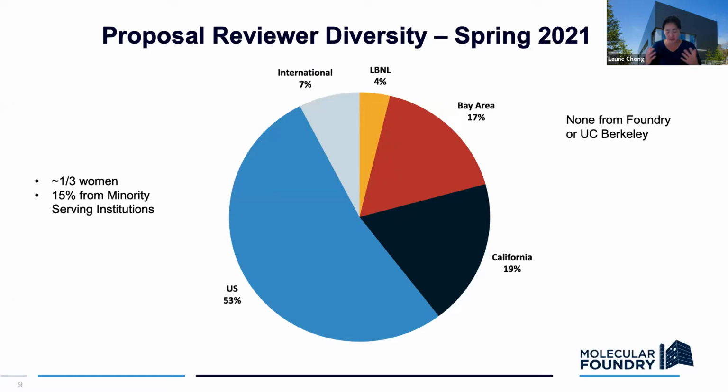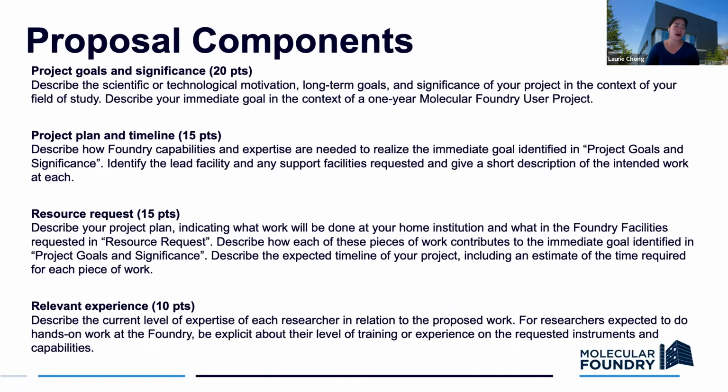All right, so that's a bit of background. Now, what are the proposal components? First, you have your project goals and significance, and there's a point total on each of these bullets that tells you the rough weighting when a reviewer is assessing your proposal.